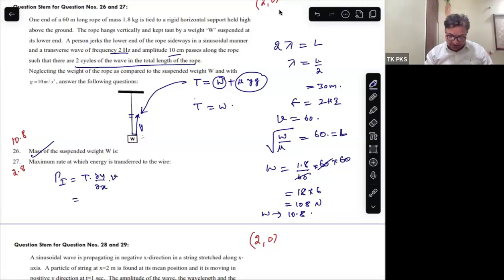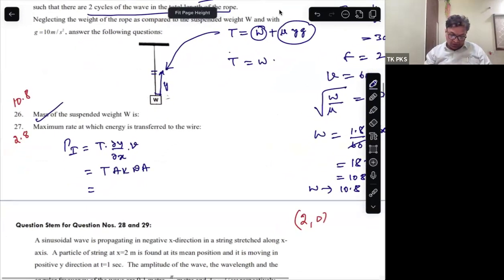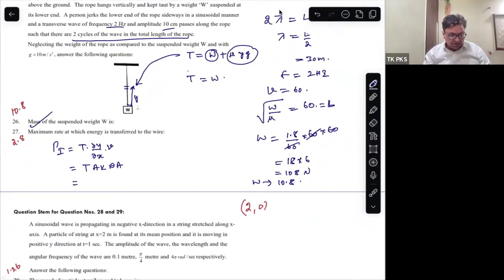So if you write everything properly, dy by dx is a k, maximum value is omega a. This you need to modify. Velocity of the wave, substitute here, that's all.